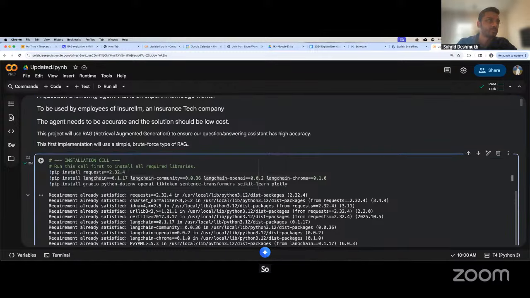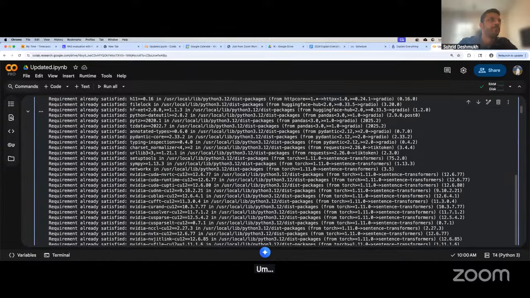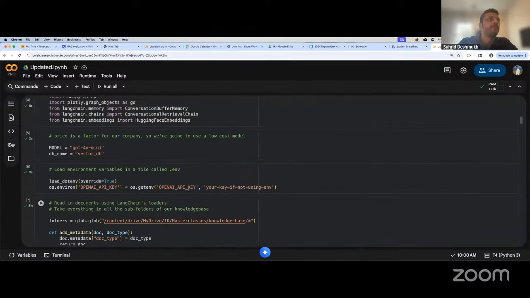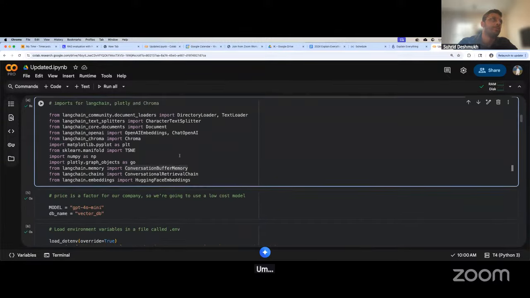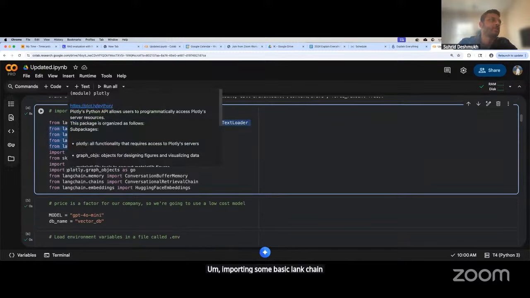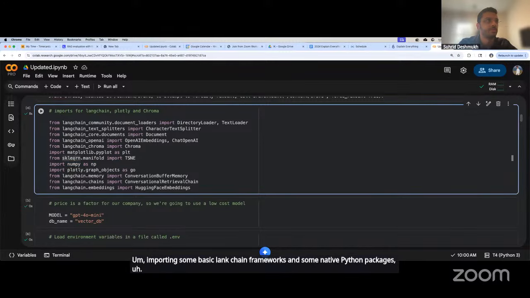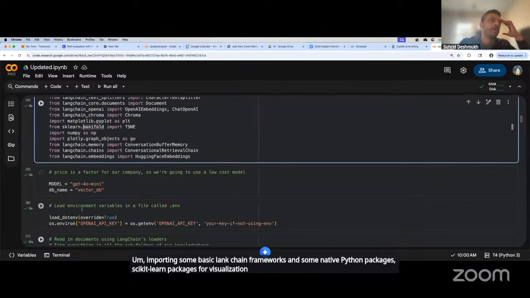So again, what I'm doing here is just installing some basic packages. Importing some basic LangChain frameworks, some native Python packages, some scikit-learn packages for visualization and plotting.